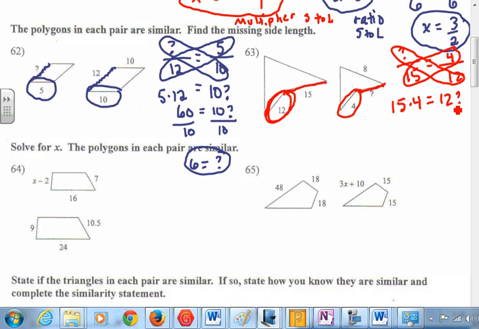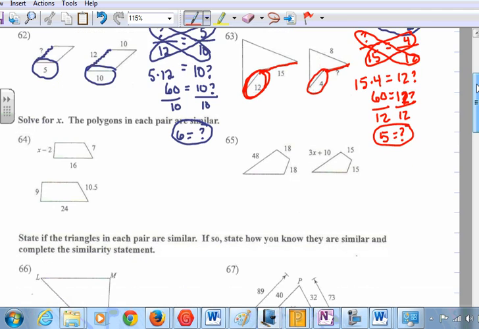What is 15 times 4? 60, which is 12 question marks. So we have to divide both sides by 12. So question mark equals 5.